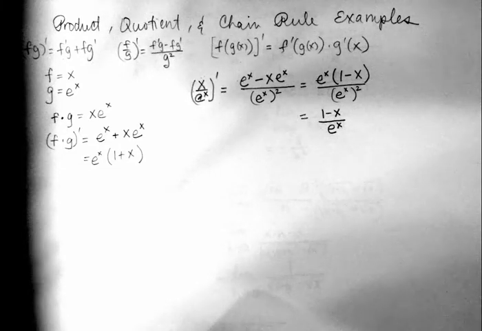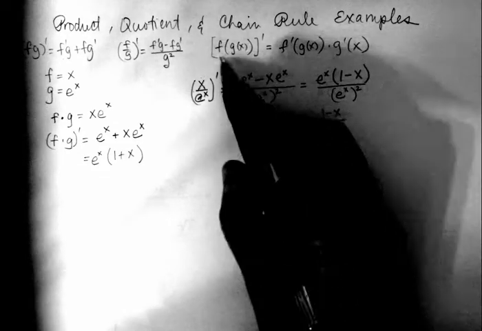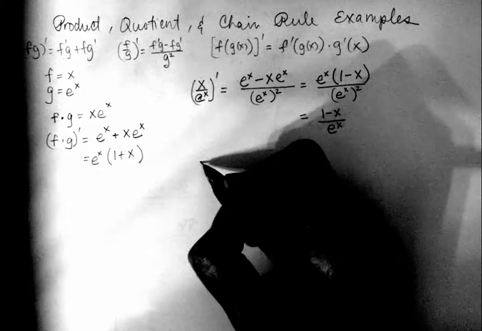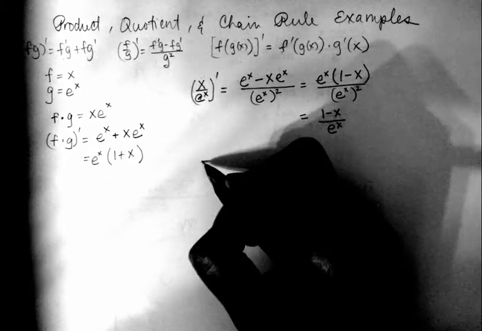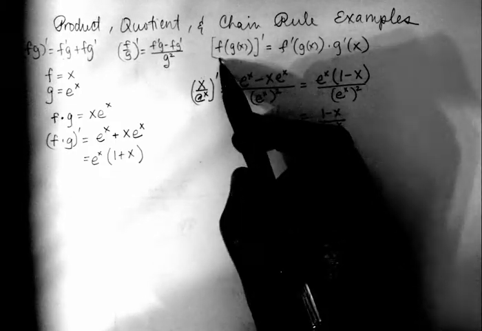Now finally, let's use the chain rule, (f of g)(x) prime. So what is f composed with g? f is just x, and g is e to the x.